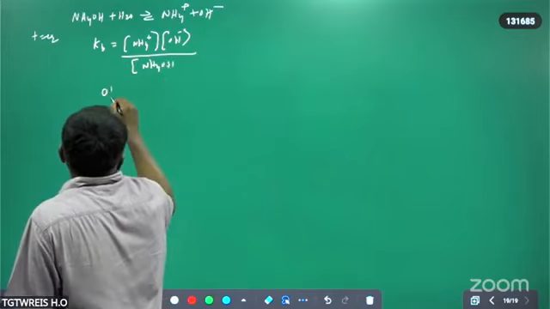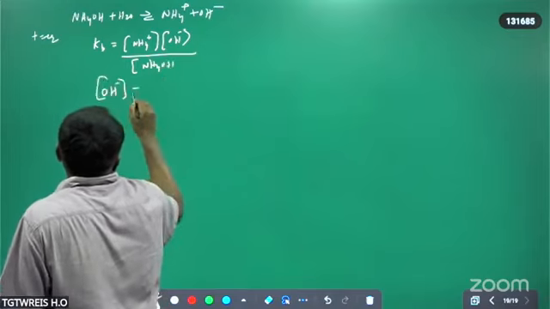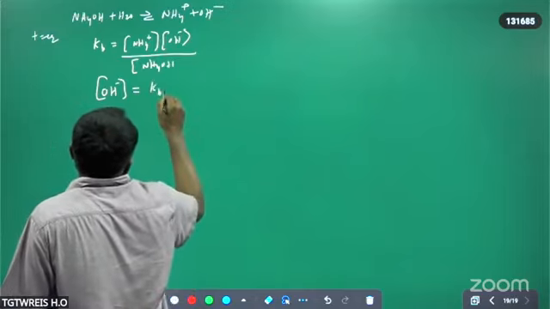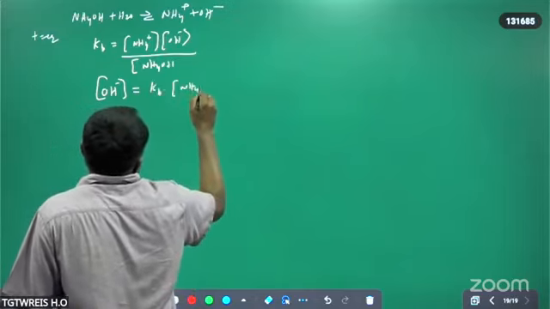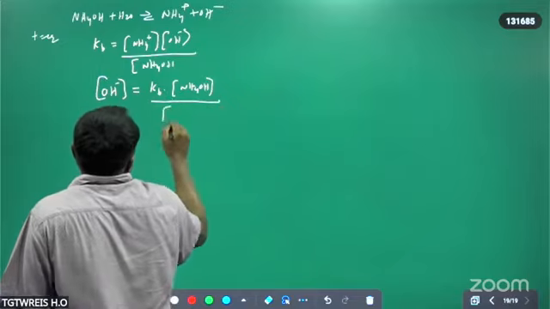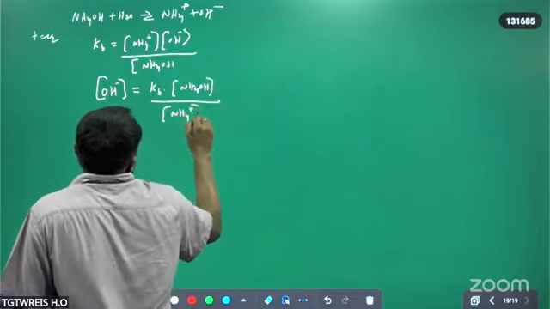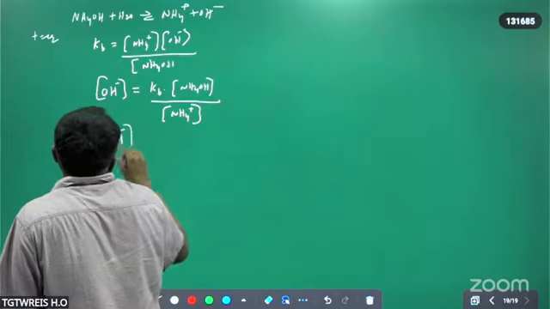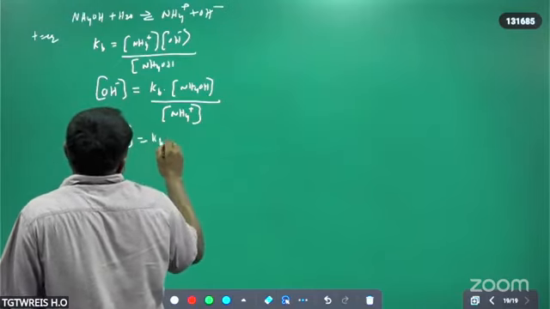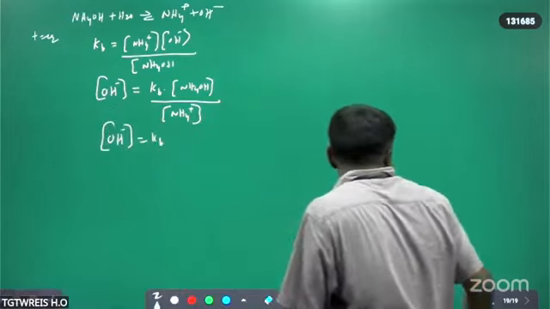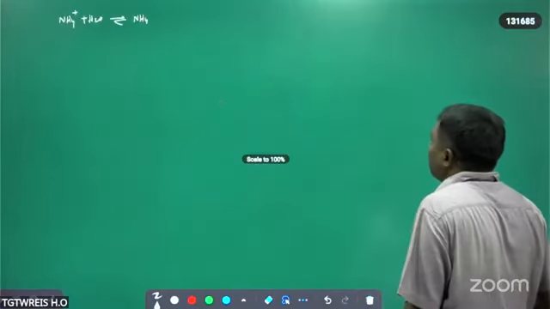So from this you calculate the OH minus ion concentration is equal to Kb into NH4OH by NH4 plus. What is NH4OH?